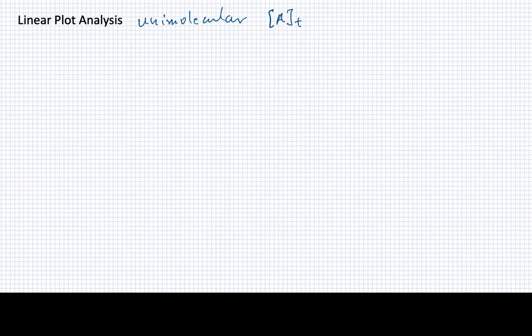Now, I'll remind you that at the beginning of an experiment, we do not know the rate law. So we do not know its order, we do not know its rate constant. I will also indicate that when we make these experimental measurements, we're typically going to be subject to random fluctuations in the data.